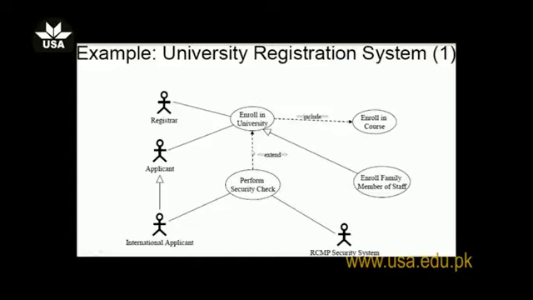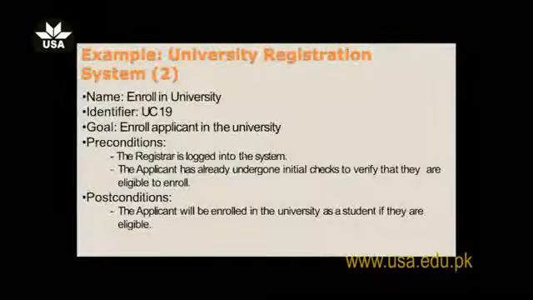When they perform a transaction online, there must be a secured way to accept and proceed with their transactions, and we have to implement the security layer over here. And security check is basically a functionality that can exist as an extend relationship. So this is about the university registration system.